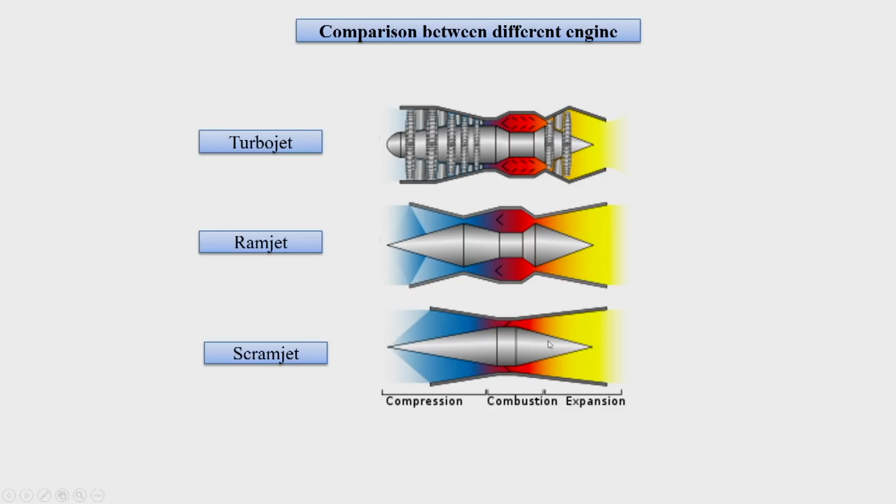So, propulsive efficiency decreases from turbojet to ramjet and ramjet to scramjet, but these engines become more and more useful if we want to go for higher and higher speed.